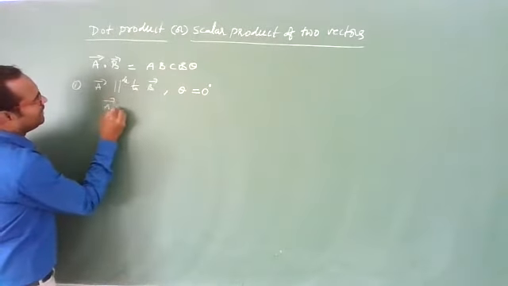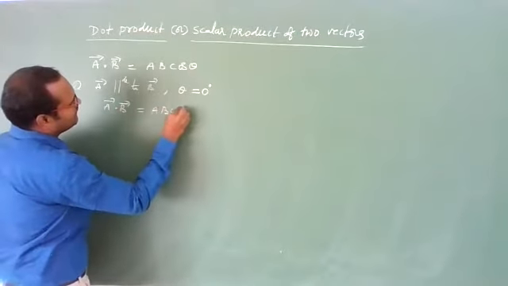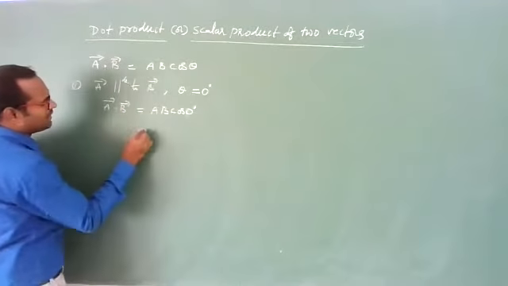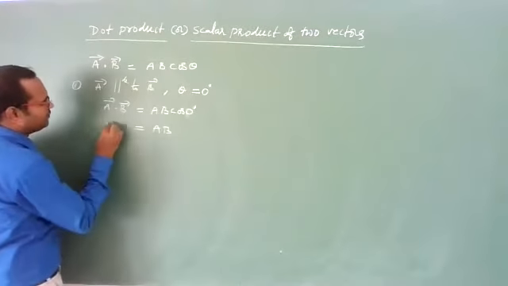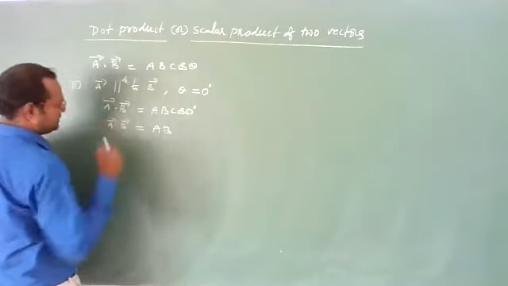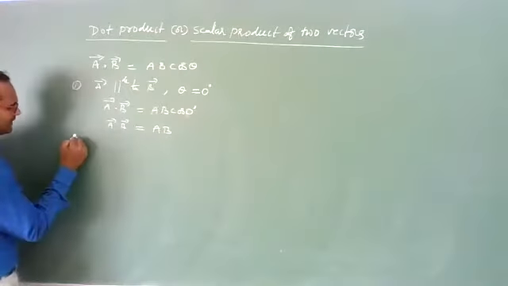Then A bar dot B bar is equal to A into B into cos of 0 degrees. You know cos 0 is 1, so it will be A into B.